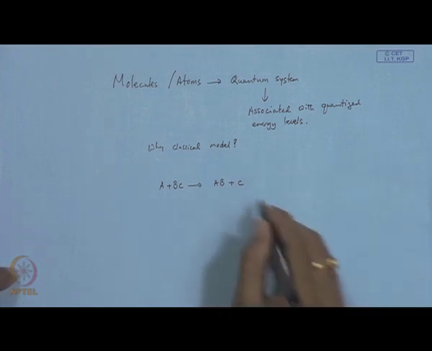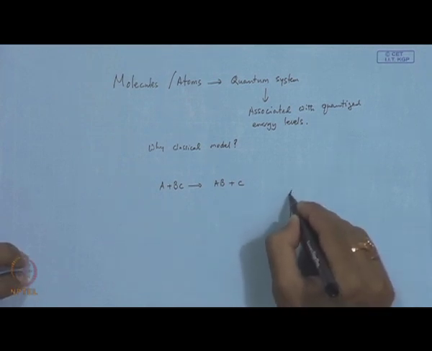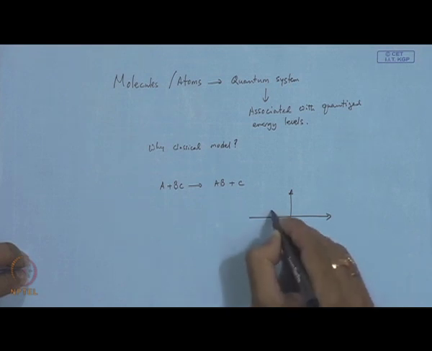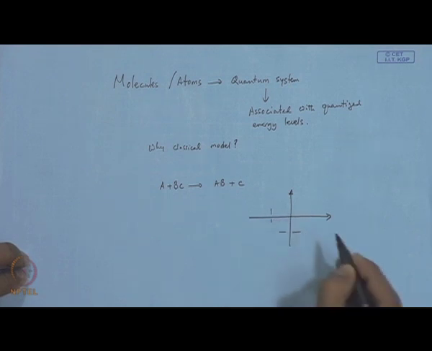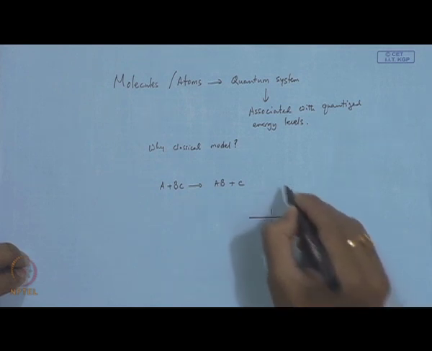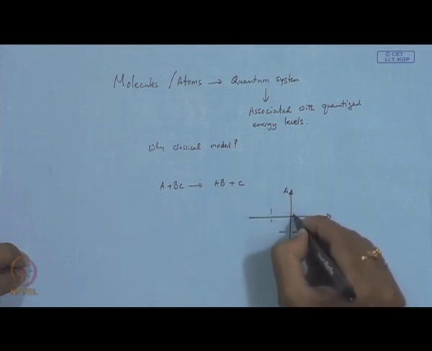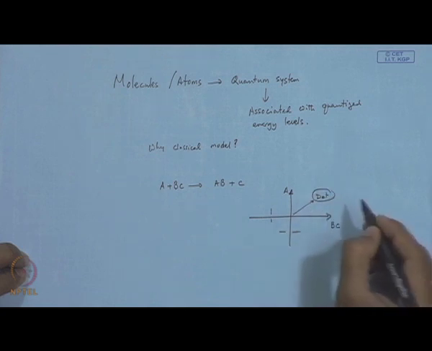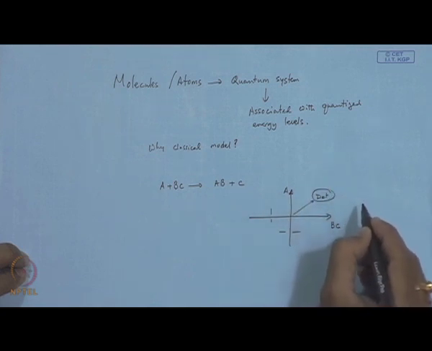In that case you have two beams, one this way, another this way. So, this is your, say, BC and this is your, say, A, and your detector is placed here, and it will change its orientation.